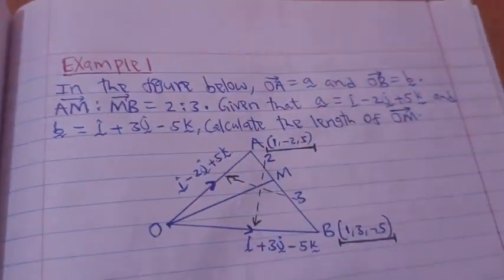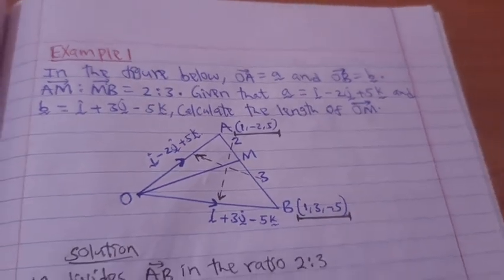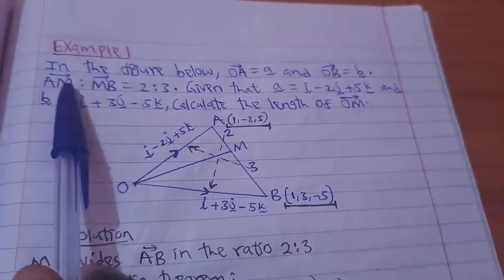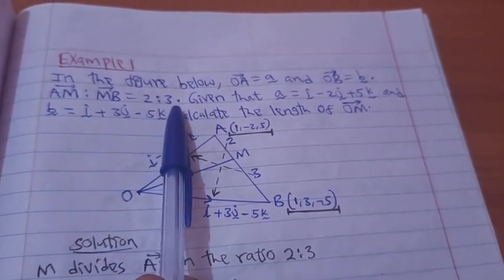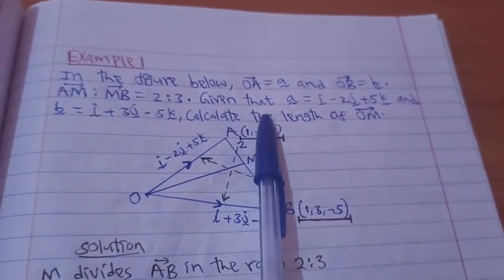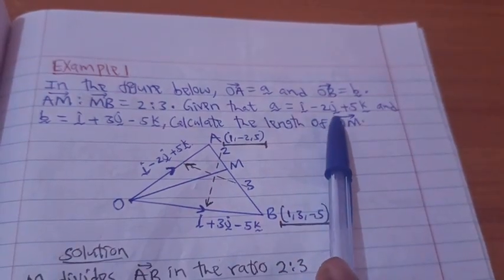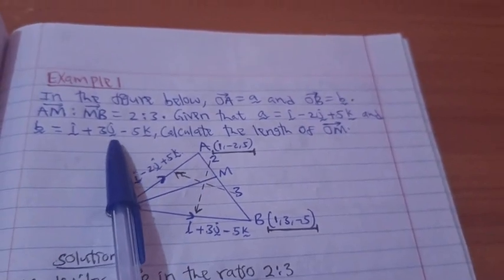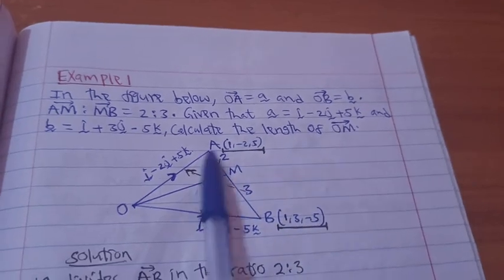That will be demonstrated in this example 1. In the figure below, OA equals vector a, and OB equals vector b. The ratio AM to MB is 2 to 3. Given that a equals i minus 2j plus 5k, and b equals i plus 3j minus 5k, calculate the length of OM.